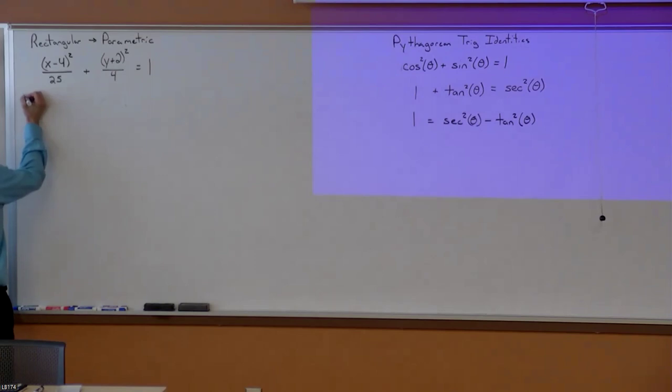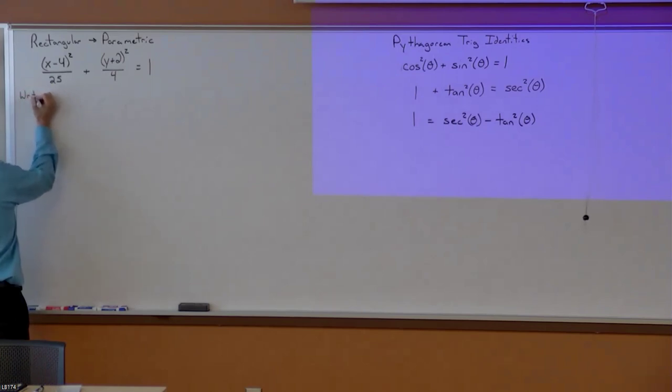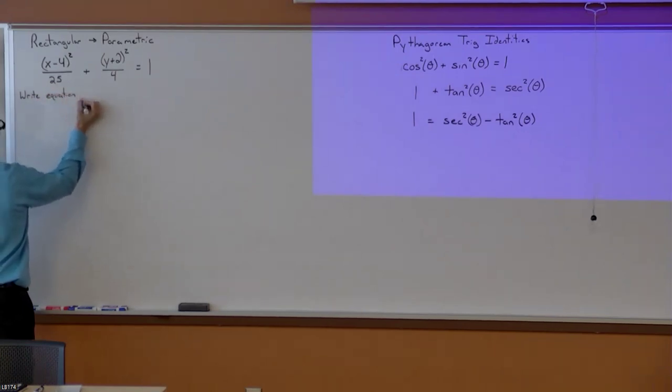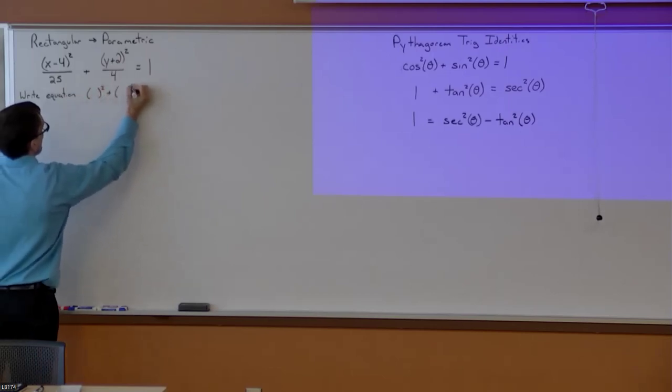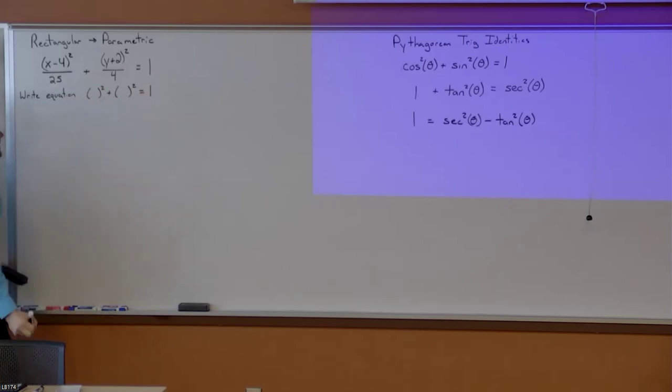And so our goal is to rewrite the equation to give me something squared plus something else squared equaling 1. That way I can just say, well, this has got to be cosine, this has got to be sine, and then we're good to go.